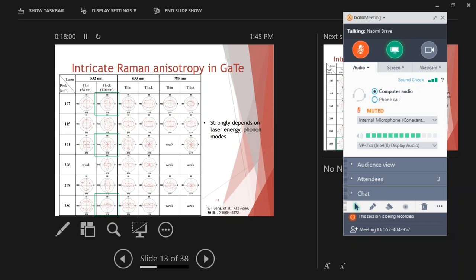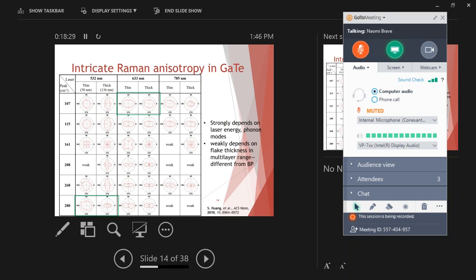You can see the period is 90 degrees instead of 180. And this 280 mode is also an AG symmetry, the same symmetry as the 107 mode, but you can see their Raman orientation is also different. So from this, we know that the Raman anisotropy also depends on the phonon modes, including both the phonon symmetry and phonon frequency.